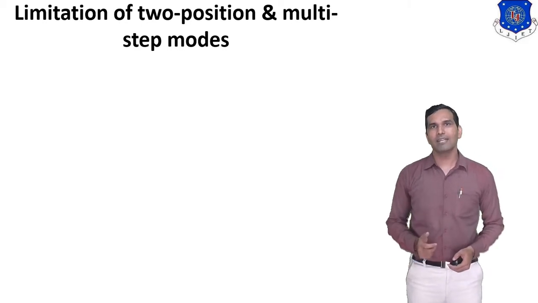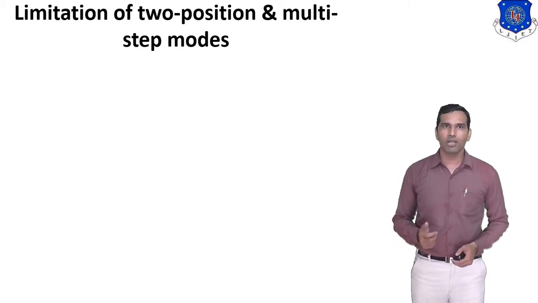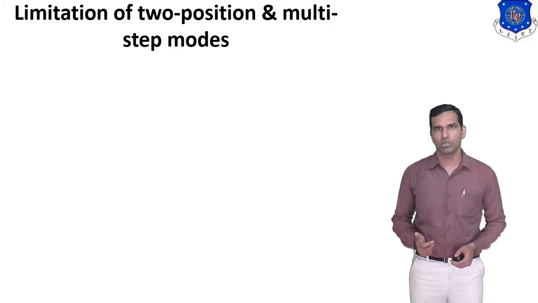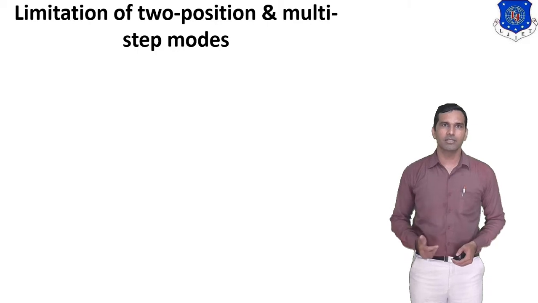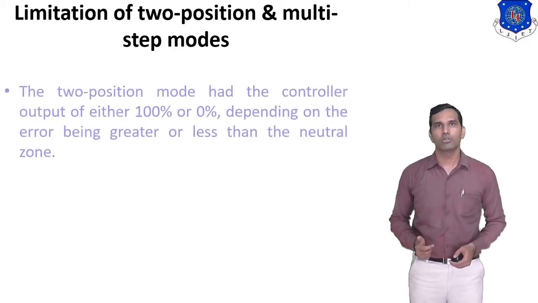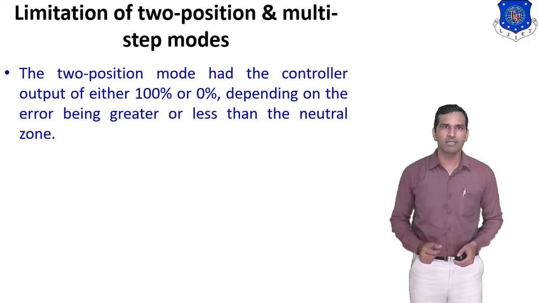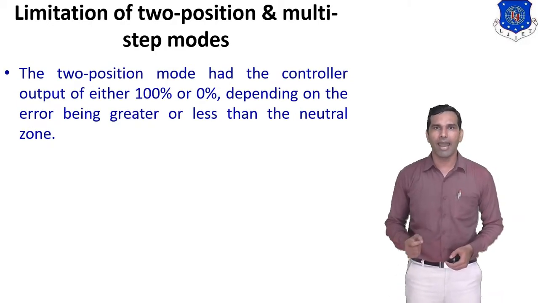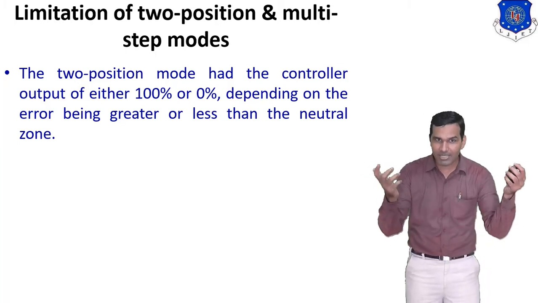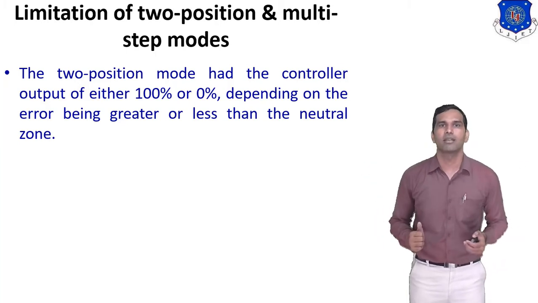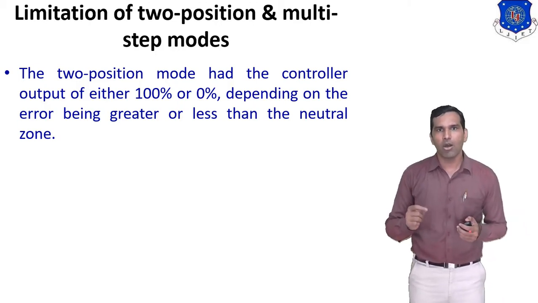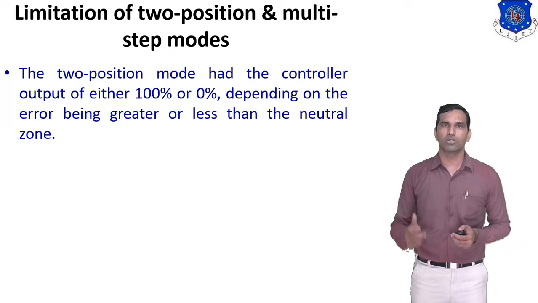Before starting that, we understand the limitations of two position and multi-step modes. The two position mode has a controller output of either 100% or 0%, depending on the error being greater or less than the neutral zone.